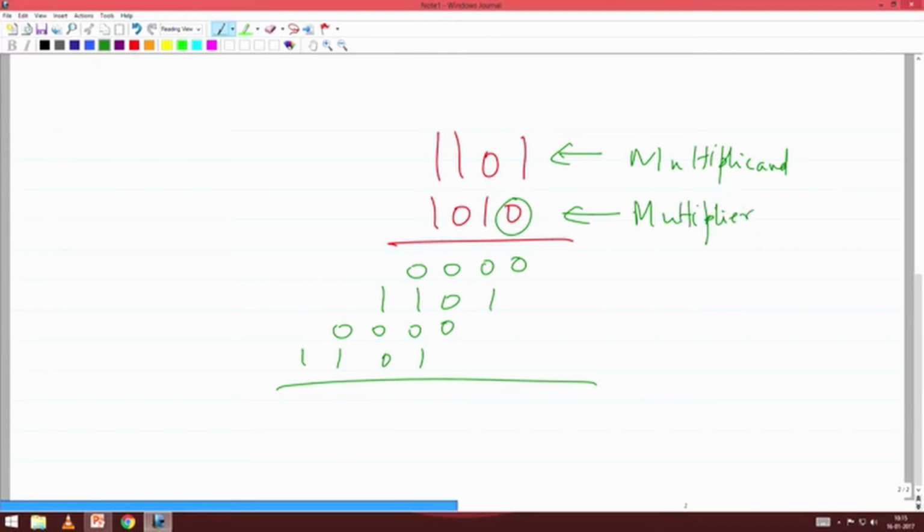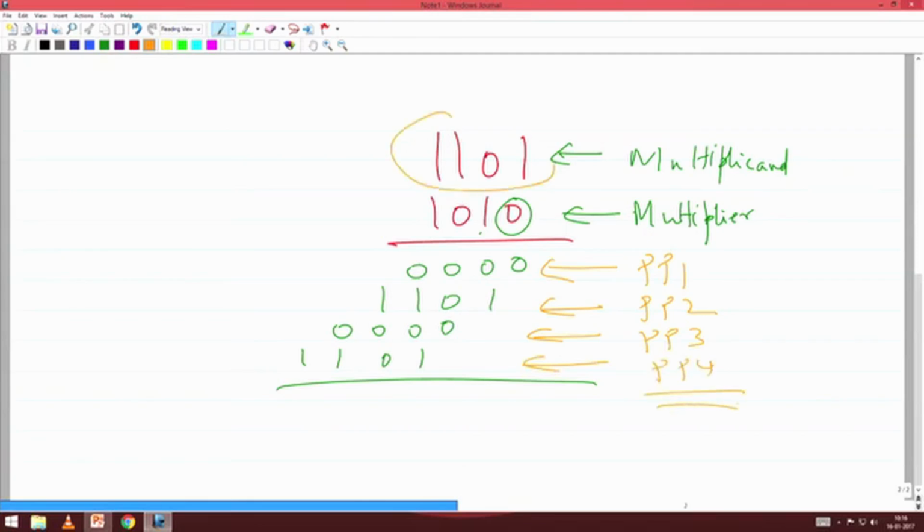We take every bit of the multiplier and multiply it with, or AND it with, the multiplicand. Every bit of the multiplicand gets ANDed with one of the bits of the multiplier. Next this, next this, next this. So these are all the partial products that we see here. Let me call them PP1, PP2, PP3 and PP4.